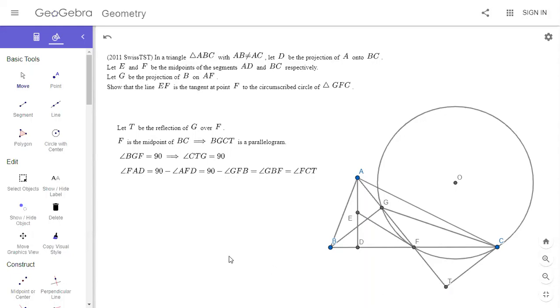Yeah, maybe it's not so obvious. I don't see why GCT is similar to AFD. I see they're both right triangles. But why are they similar?